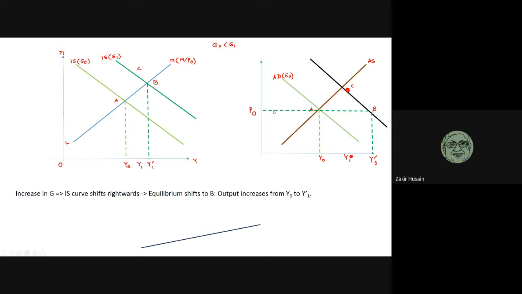If I want to use the aggregate demand and supply curves, then the price level is same. You have equilibrium at A, Y0 is the equilibrium output. I simply move from A to B, Y prime 1. Output moves to Y prime 1. That is the increase in output. Is it clear?